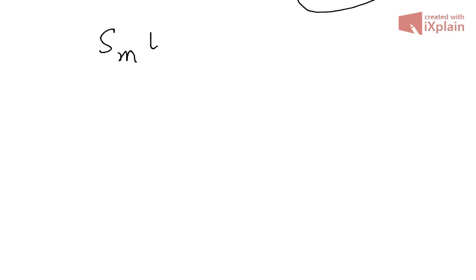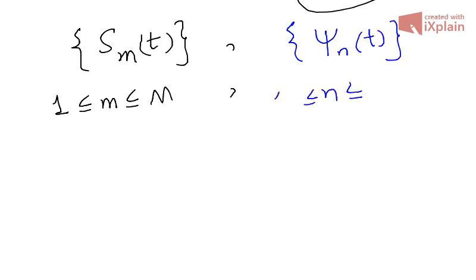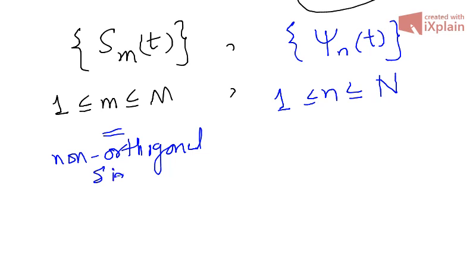In one set you have all the non-orthogonal signals, and now you have another set, psi n of t, where you have all the orthonormal signals, 1 to capital N. These are all the non-orthogonal signals, and here you have the orthonormal signals.